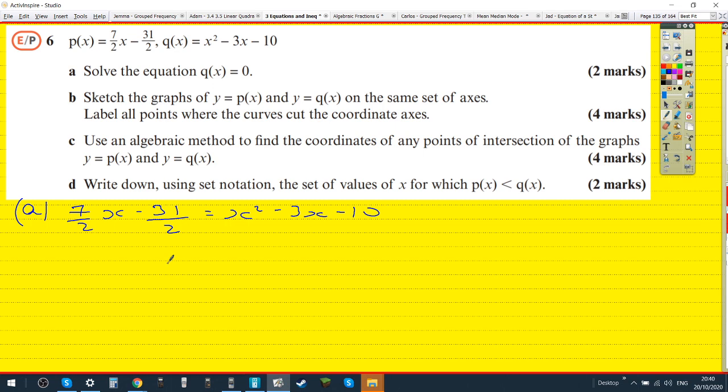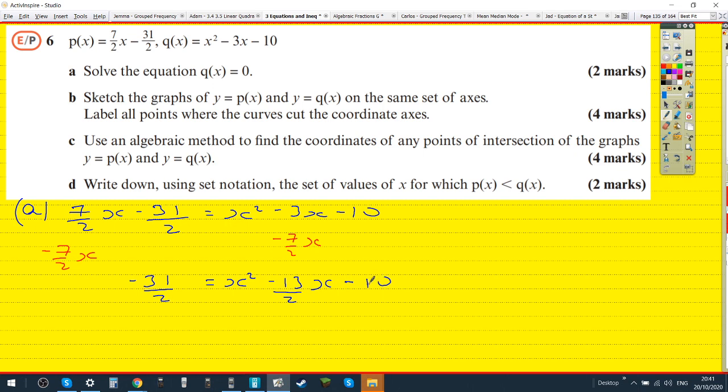So you'd minus 7 over 2x from both sides, so it'd be minus 7 over 2 minus 3, which would be minus 13 over 2x. So it'd be minus 31 over 2 equals x squared minus 13 over 2x minus 10.